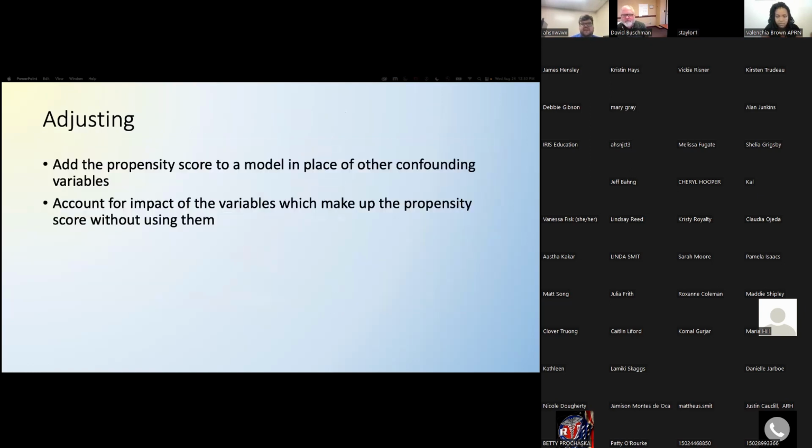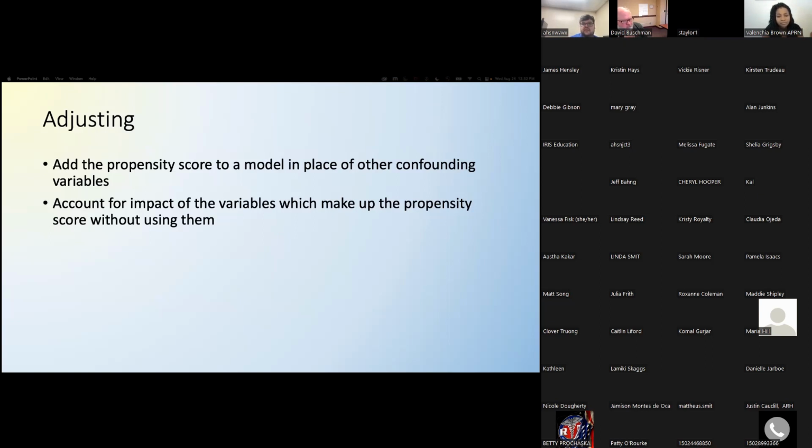Then the one last way, and I don't have much to show for this, especially because I think we are pushing time, when we adjust, you can add the propensity score as its own independent predictor. So if you have a multivariable regression, you may have your main predictor and then the propensity score as its own predictor as well.